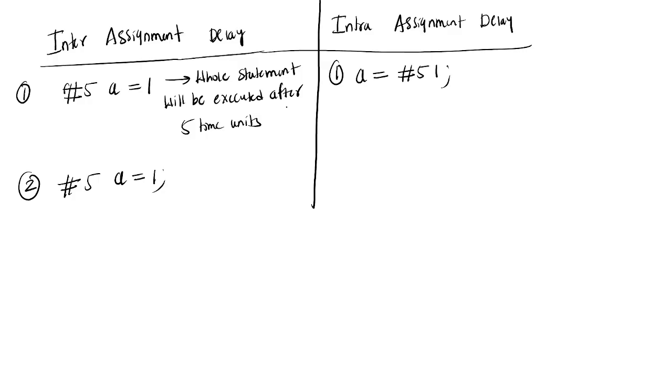And here, A equal to hash 5 and I am giving 1. So after 5 time units, the RHS value will be equal to the LHS.